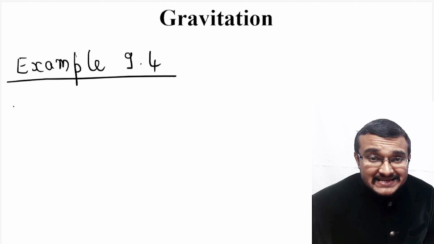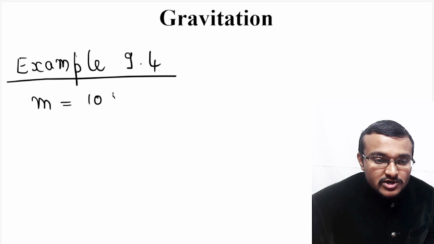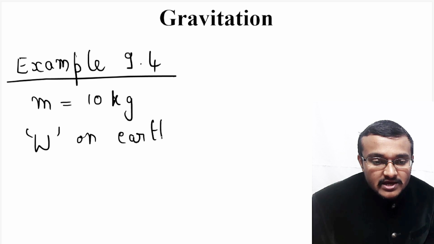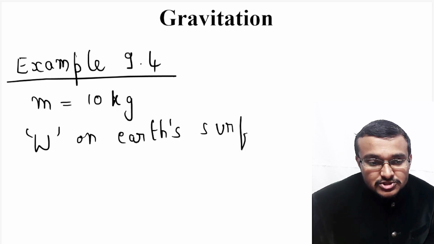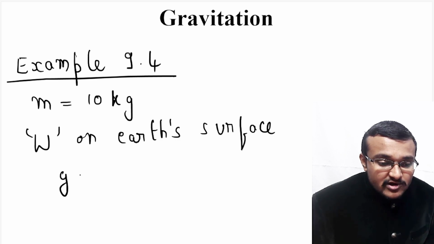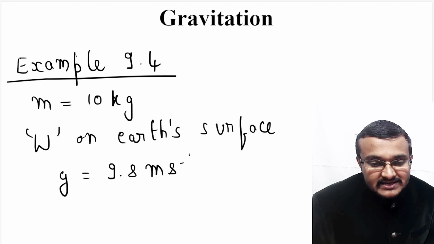So coming to example 9.4, here they have given mass of an object that is equal to 10 kg. Now you have to find out weight on Earth's surface of this particular object. On Earth's surface, we all know that acceleration due to gravity is 9.8 meter per second square.